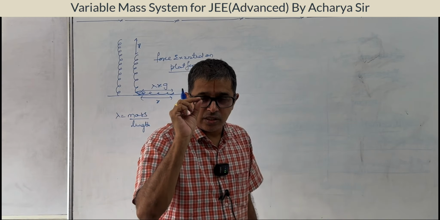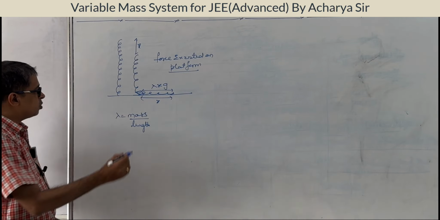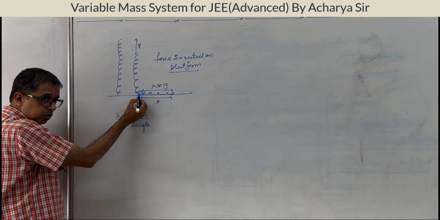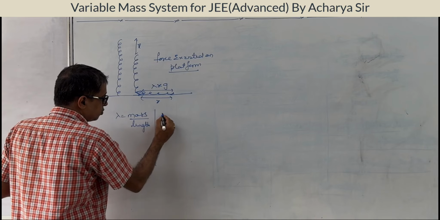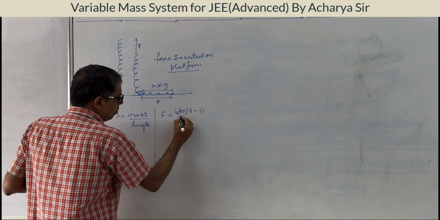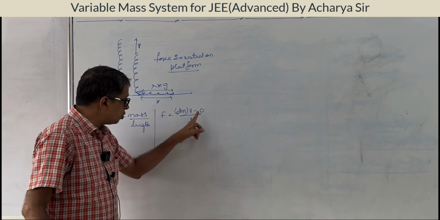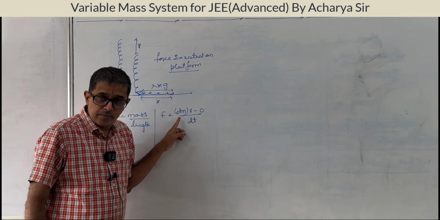There is a change in momentum for this small element, and this change in momentum contributes to a force. So from the fundamental concept, this will be dm times v minus 0 by dt. This is the final momentum, this is the initial momentum.